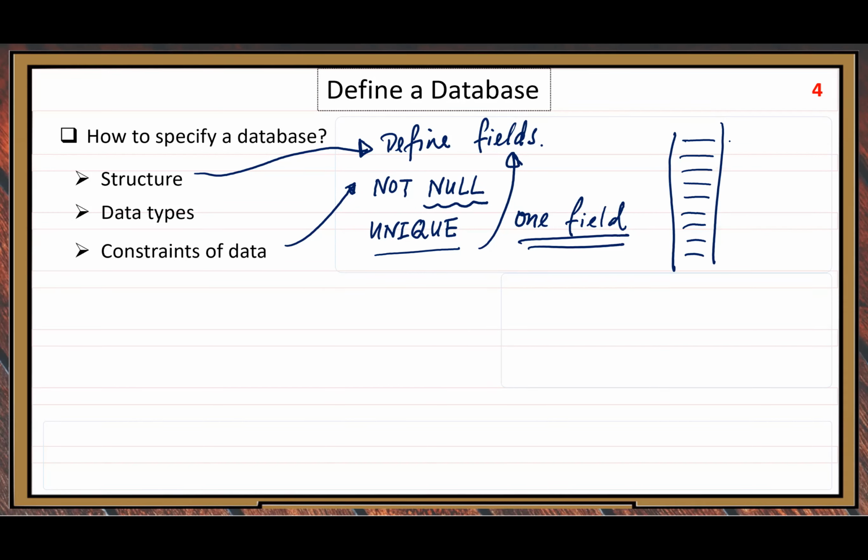So all these values, let's say value 1, value 2, value 3, and so on, if you specify the UNIQUE keyword, then all these values must be distinct.